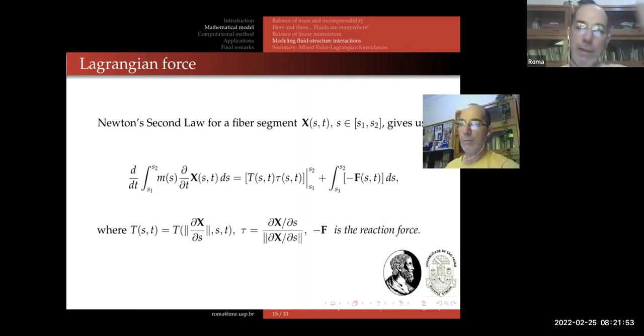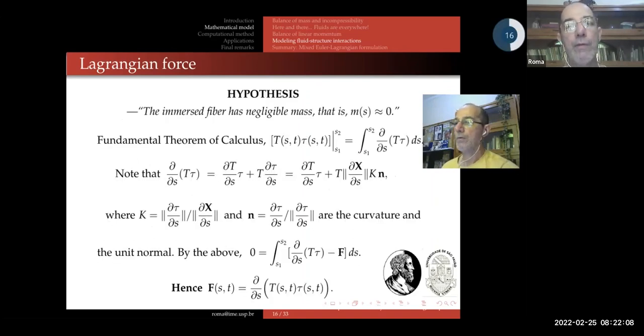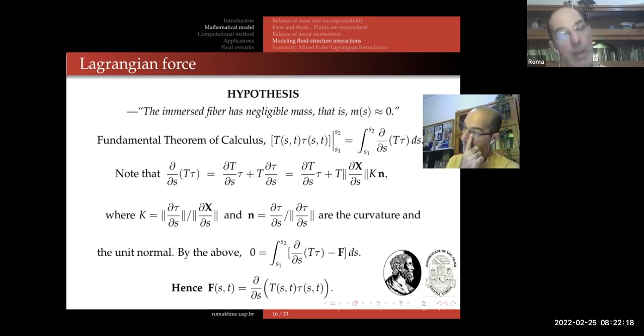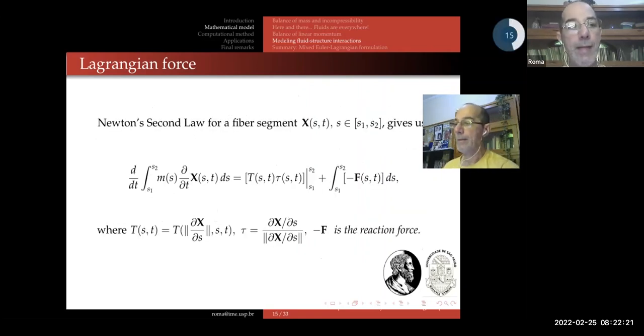So one mathematical hypothesis is that the mass of this elastic fiber is so small compared to the mass around it that I can neglect it. So if the immersed fiber has a negligible mass, this side here is just 0 because it's so small compared to the other stuff, right?